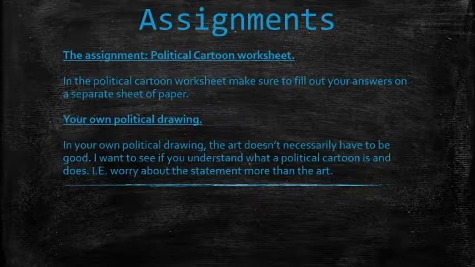Level 3 is the big shot, everything that the assignment is about. You're really going to break down what the political cartoon is, what the symbols mean, who the message is for, and what it's about. Make sure you get this part down.